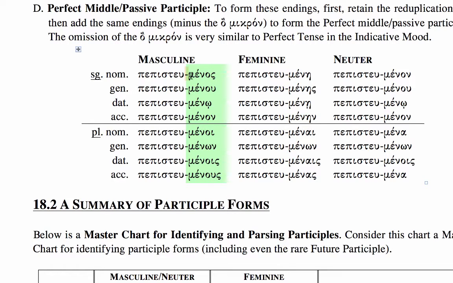And so you can see the endings there, pretty simple. One other thing that happens is that the accent is retained on the second to last syllable, even though, according to verb rules generally, the accent would want to go to this syllable here. This is a characteristic of the perfect tense formation, retaining the accent.